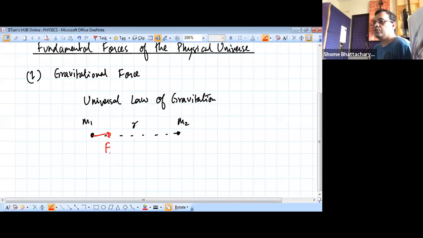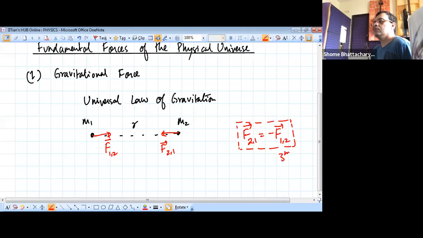This is the force on particle 1 because of particle 2, and this is the force on particle 2 because of particle 1. First of all, the force on particle 2 due to particle 1 is equal and opposite to the force on particle 1 due to particle 2. This is in agreement with Newton's third law, that every action has an equal and opposite reaction.